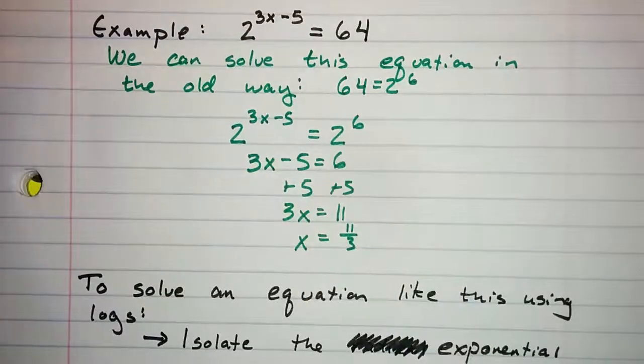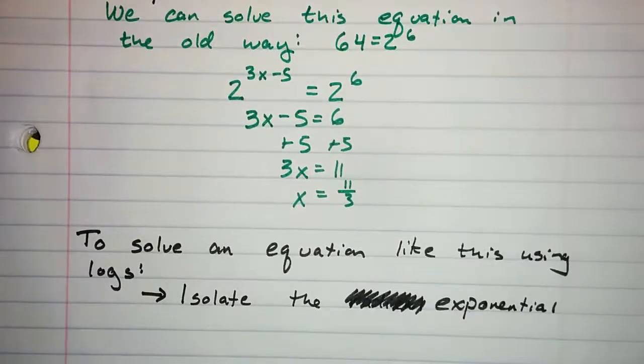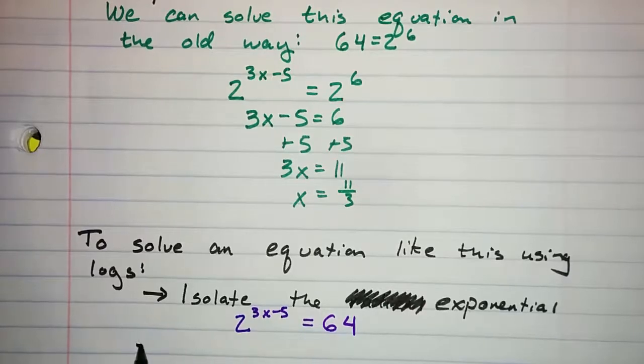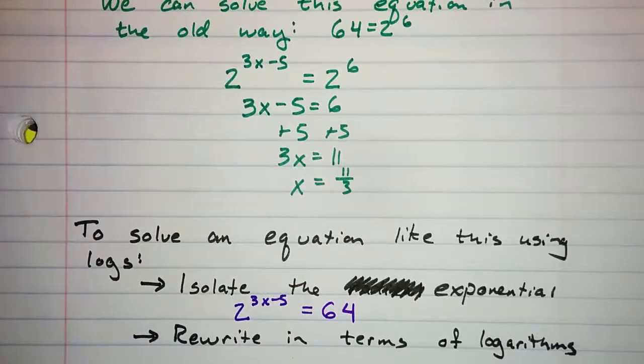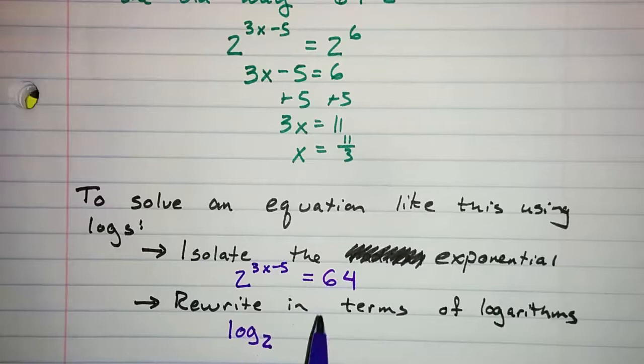This exponential is by itself on one side of the equation. Once we have our equation in the form exponential expression equals number, we can rewrite in terms of logarithms. So in this case, the base stays the same, the exponent and the result switch places.